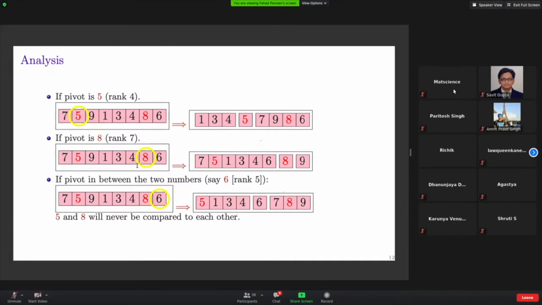So what is the probability that among the elements from i to j, which is 4 to 7, where 4 is i and 7 is j, which one do you choose first? If you choose the ith or jth, the 4th or the 7th, then it will be compared, otherwise it will not be compared.